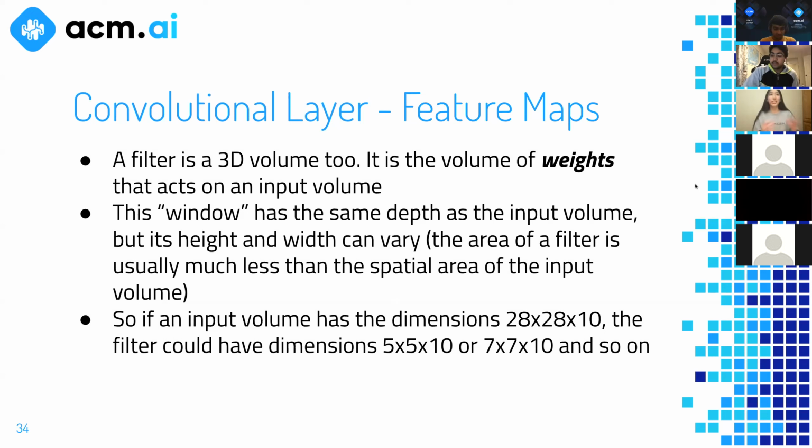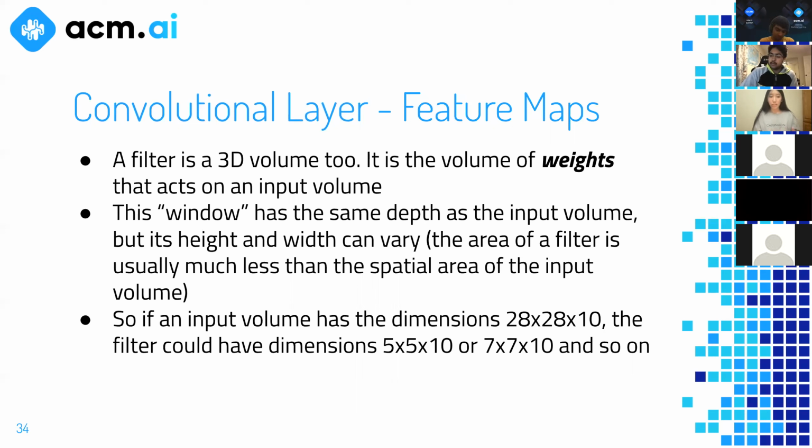Yeah, and so this is just kind of a summary of everything. Essentially, a filter is a 3D volume too. We were working with a monochrome image, so that had a depth of 1. However, if we have a colored image, that's going to have a depth of 3 in the input layer, because you have the red, the blue, and the green. And because the input layer has a depth of 3, that means our filter will also need to have a depth of 3.